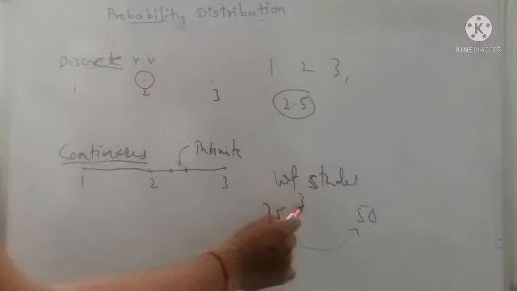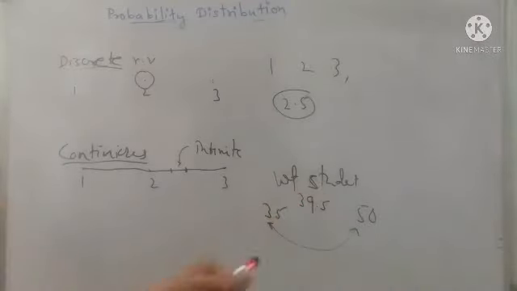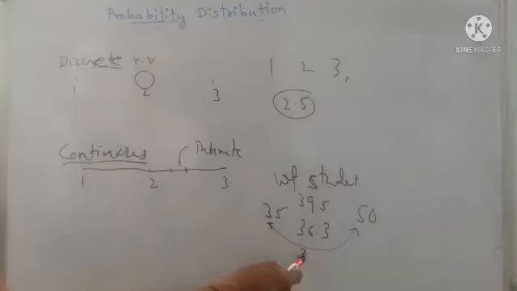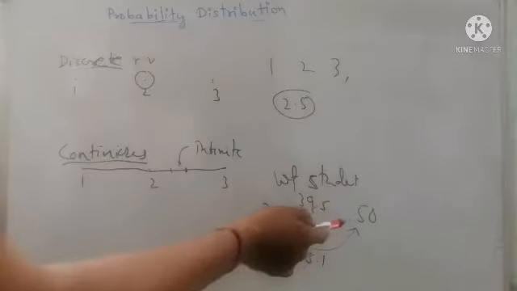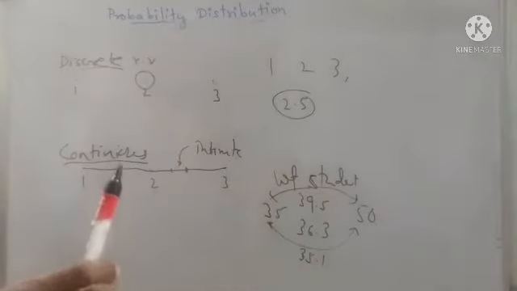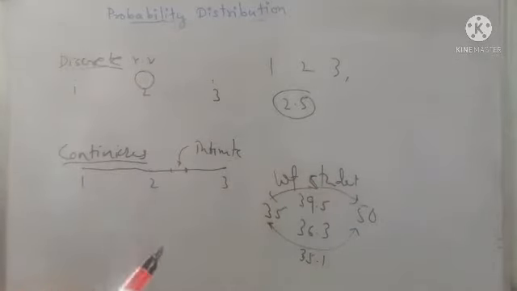Any student may have a weight of 39.5 kg, or 300 gram, or 35.100 gram. Yes, it may occur. That means between 35 and 50, any number can occur as a variable.